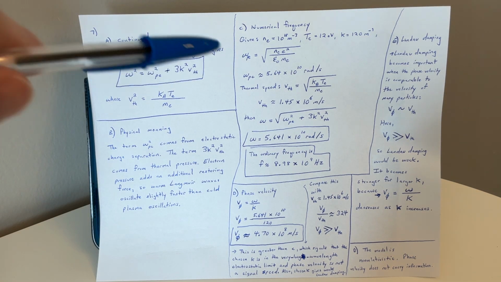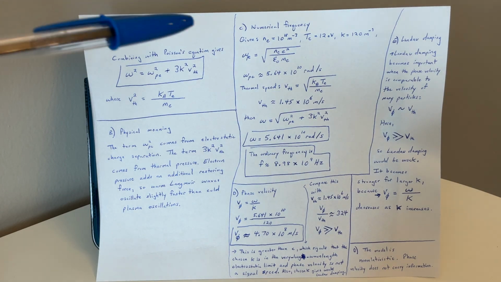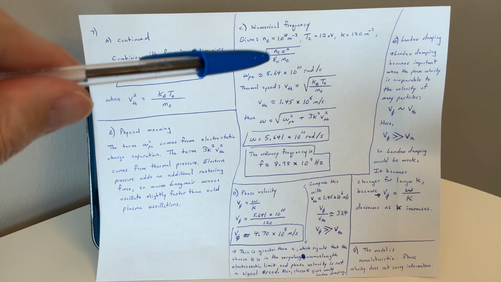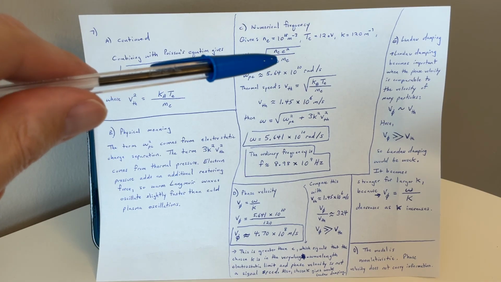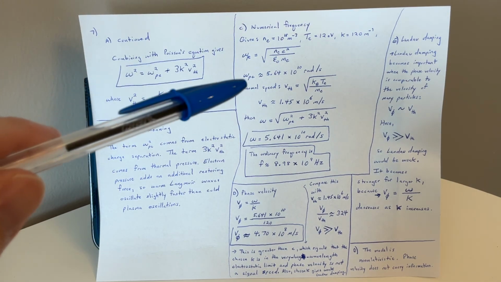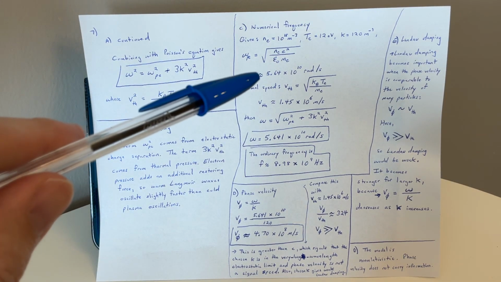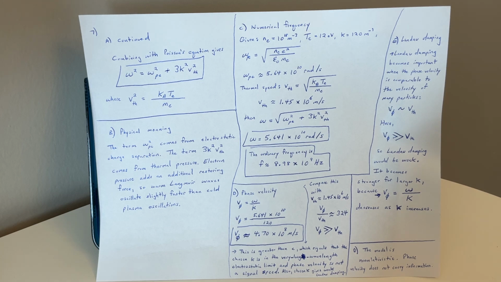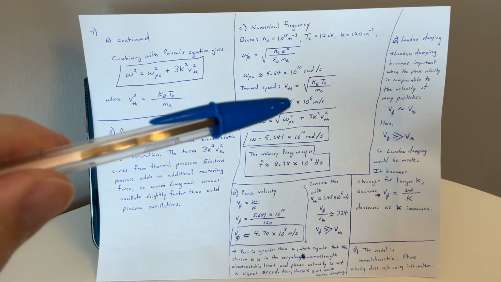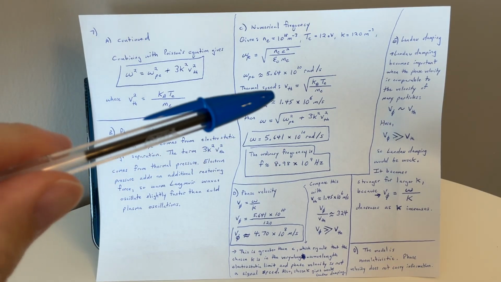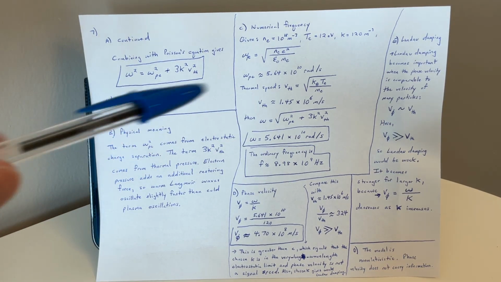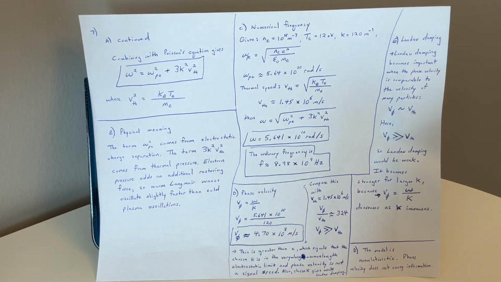We're going to use omega sub Pe equals the square root of N sub E e squared over epsilon naught m sub e. Omega sub Pe is approximately 5.64 times 10 to the 10th radians per second. And we have our thermal speed, V sub Th, the square root of k sub B T sub e over m sub e.